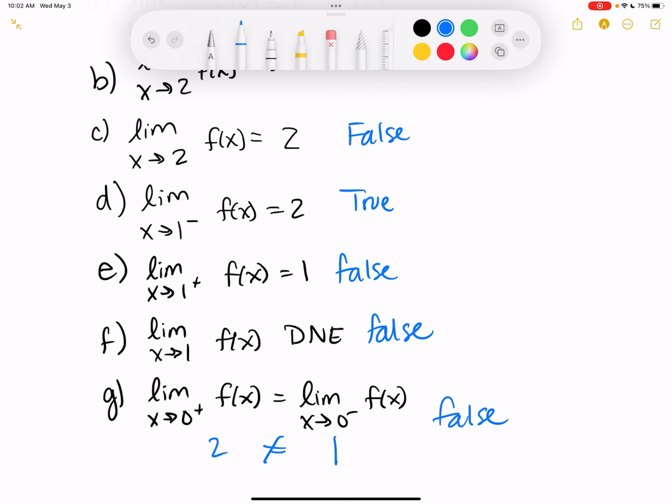So it's false, because you can't go from the right on the bottom one. That's just a point, there's no line. So it does exist because they're the same. Okay, so that's why it's false.